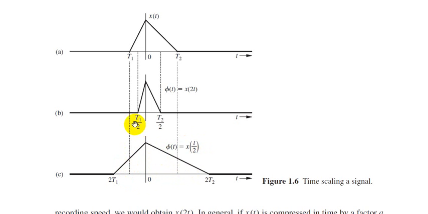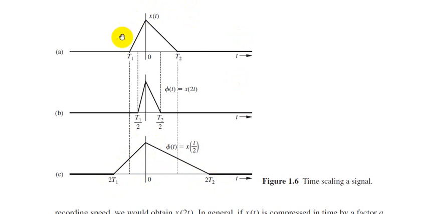Here the actual x of t is from t1, the signal is rising, then up to t2, the signal from 0 to t2 is decaying. Here when we expanded this x of t, we are getting the rising signal from 2t1, and from 0 to 2t2 the values are decaying.